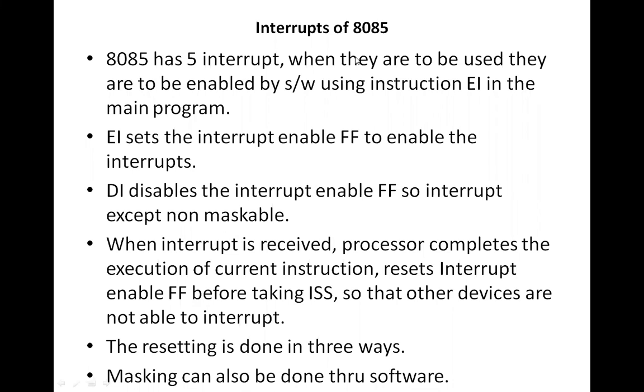Now any device that wants to interrupt the processor, the first and foremost requirement is to enable the interrupt flip-flop. Unless the interrupt flip-flop is enabled, no device can interrupt the functionality of the 8085 processor.